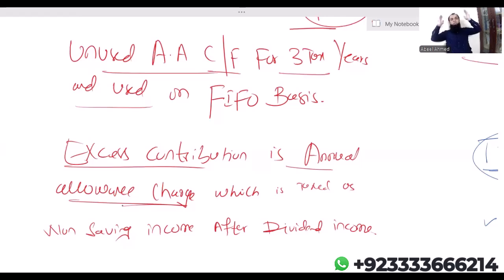But the rule says you will tax the annual allowance charge after all other sources of income. After all other sources of income means, excuse me, even after the dividend income. So first of all, you have to normally tax your non-saving income, saving income, dividend income. And after that, if there is any annual allowance charge, you have to apply the tax rate on that annual allowance charge. Now listen carefully.